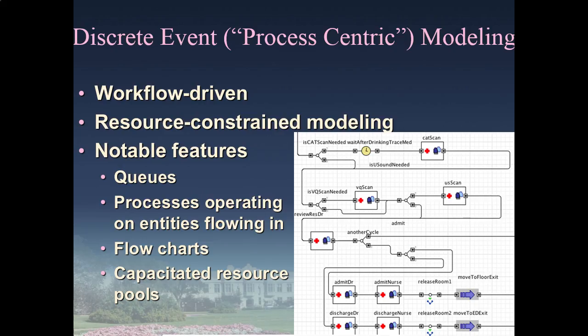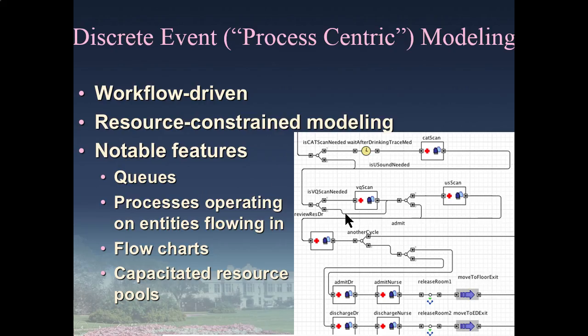In other cases, sometimes it's physical fixed resources, the MRI machine, the X-ray facility. Other cases, it's portable things like a portable ultrasound machine that has to be brought. But it's resource constrained. And what happens is, if people need that resource to proceed and they can't get it, what happens? They get queued. They wait. They await treatment in a line. And so this sort of modeling focuses a lot on queues.